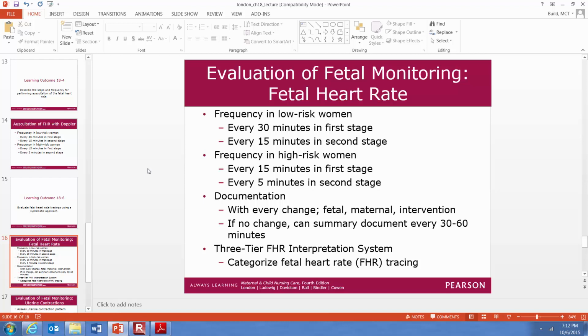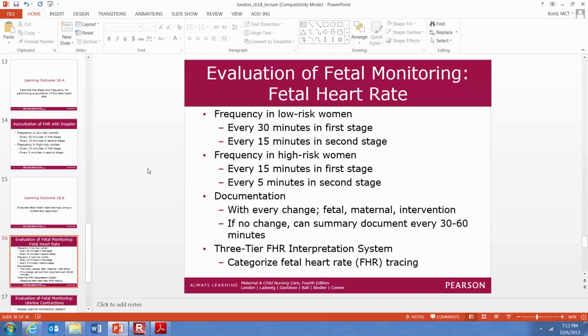At 8:30, I assessed my mom and my baby, and it's the same. I don't have to document that. But at 9 o'clock, I will do my 30-minute assessment, and I have to document. So my documentation is happening every hour, even though my assessments are happening every 30 minutes, because my assessment is the same as the previous assessment.